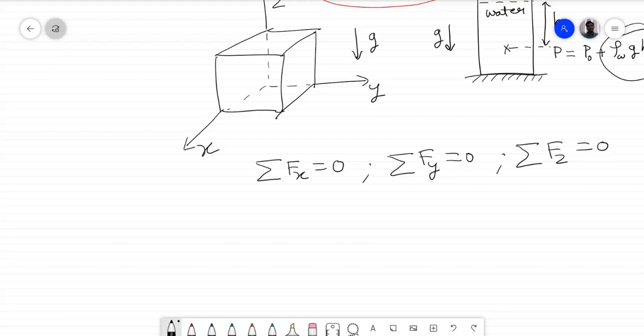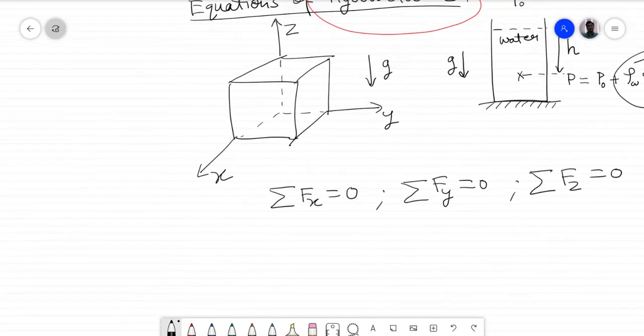Now let's write the forces. By now we know that the only forces acting on this cubical element, cubical or non-cubical, doesn't matter, are pressure forces and the force of gravity. The only place where force of gravity appears is for the entire cube at its center of gravity, that is mg, the mass times gravity, mass of the fluid element.